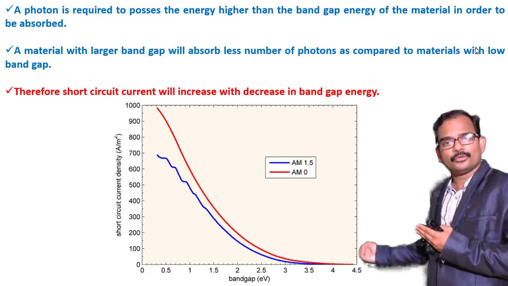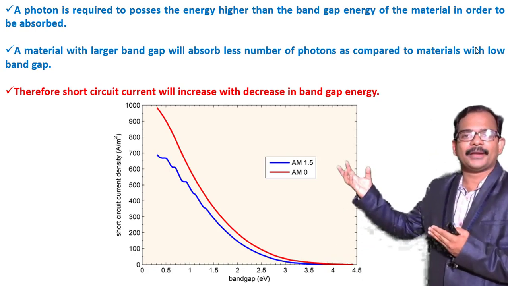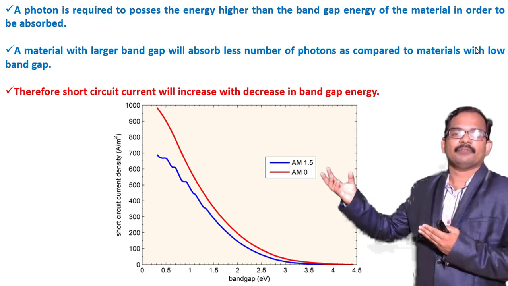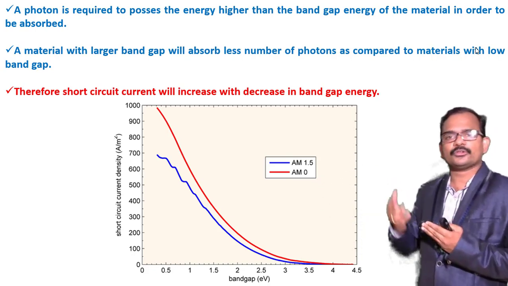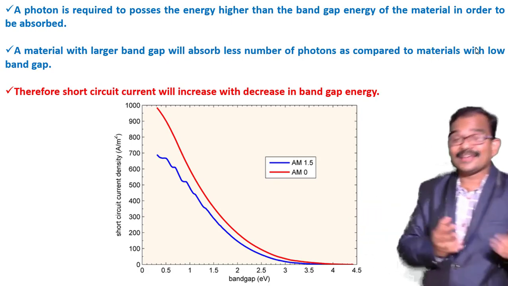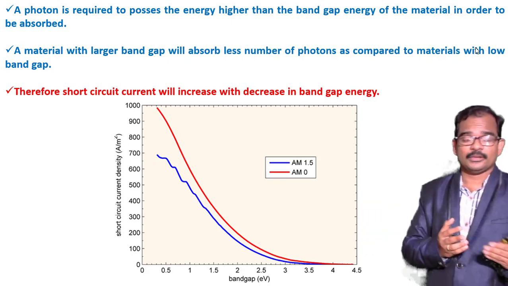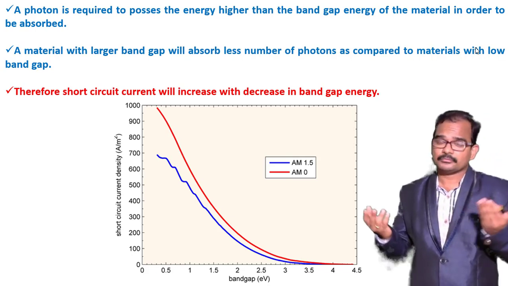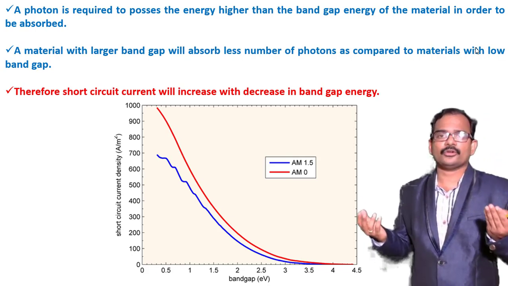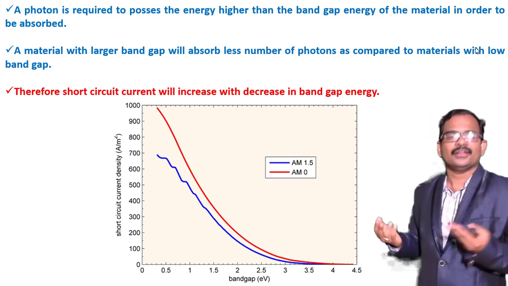Only then can it move an electron from the valence band to the conduction band, and only when that happens will you get electrical energy. Photons with energy less than the band gap of silicon will never be able to move an electron to the conduction band. Even though they fall on the solar cell, they are wasted.